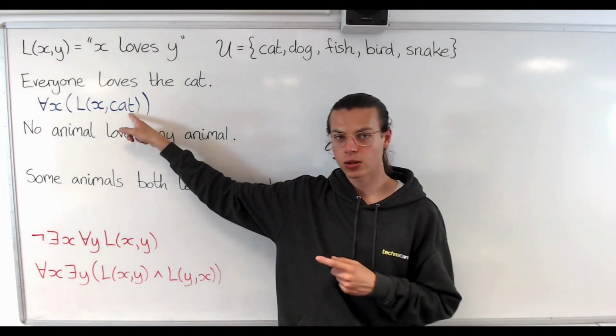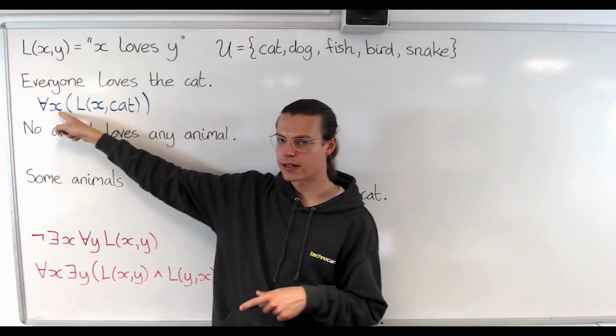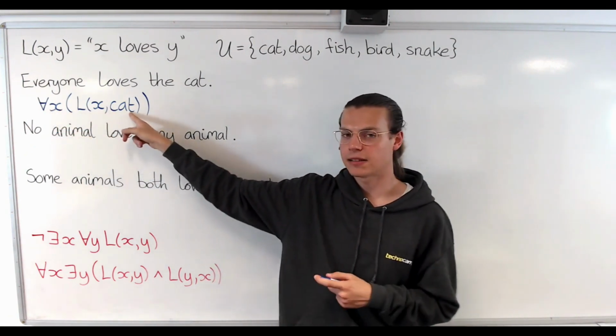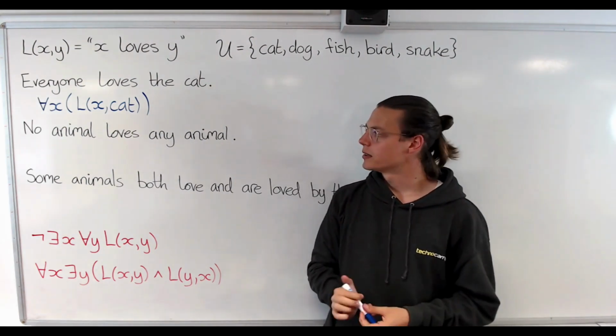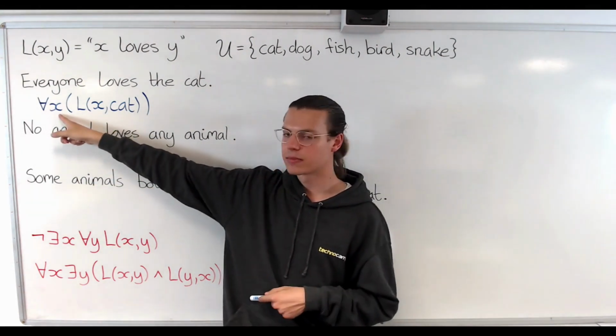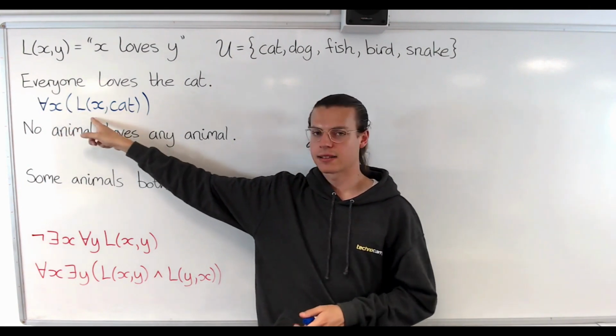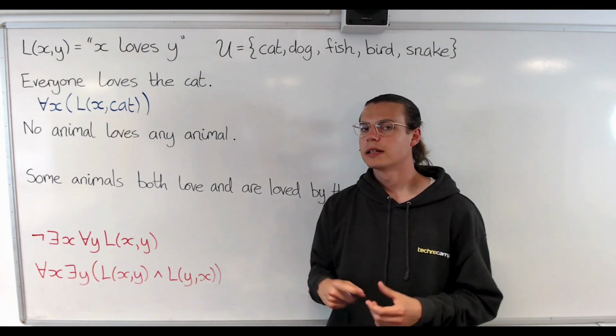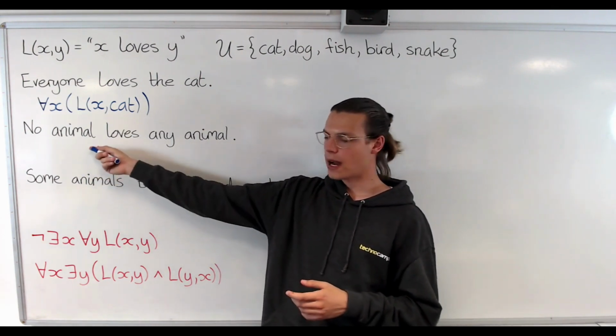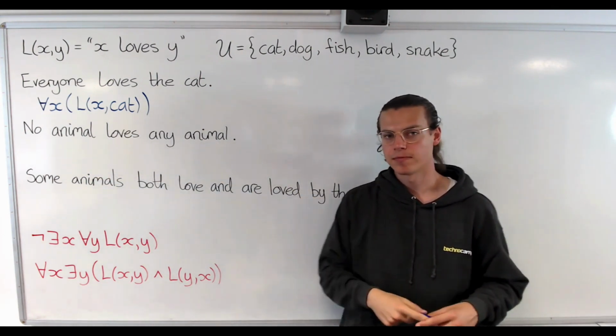Cat here is not a free variable, so it doesn't need a quantifier, right? Cat is taken directly from the universe of discourse. So this says that for any animal X, X loves the cat. Everyone loves the cat. Secondly, no animal loves any animal.